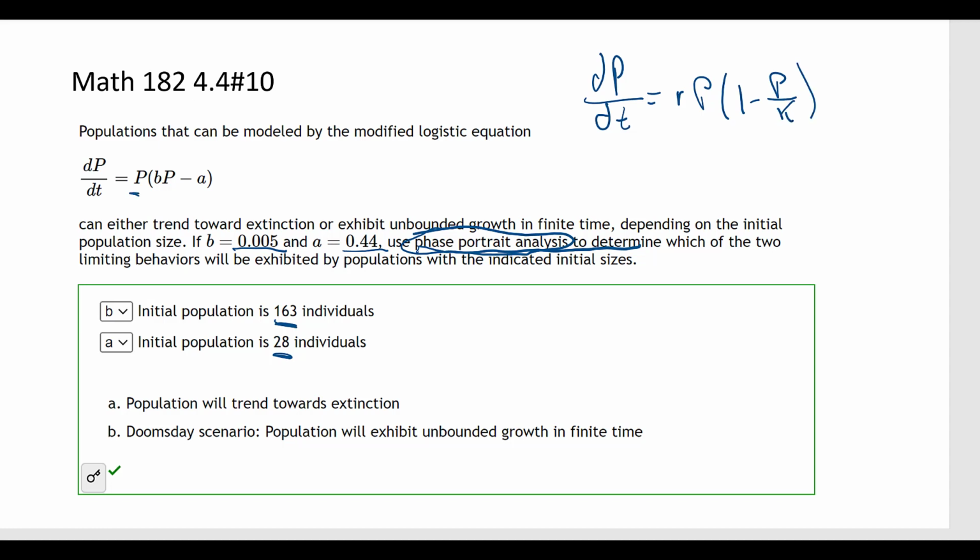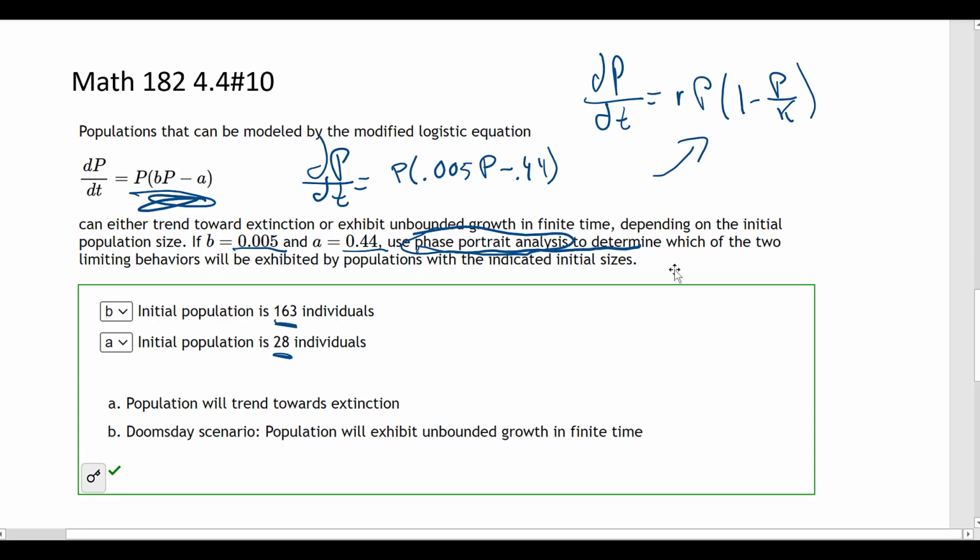So when I see a formula like this, where I have dP/dt = P times (0.005P - 0.44), I'm going to try to make it look like the standard form, because I know how to set that up into an equation. If you know a shorter way of doing this, maybe I'm making things much more complicated than I need to, but we do that sometimes.